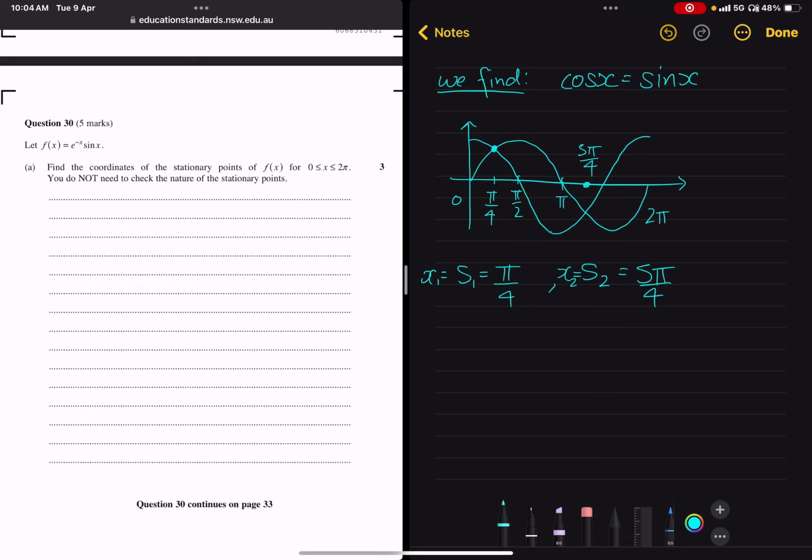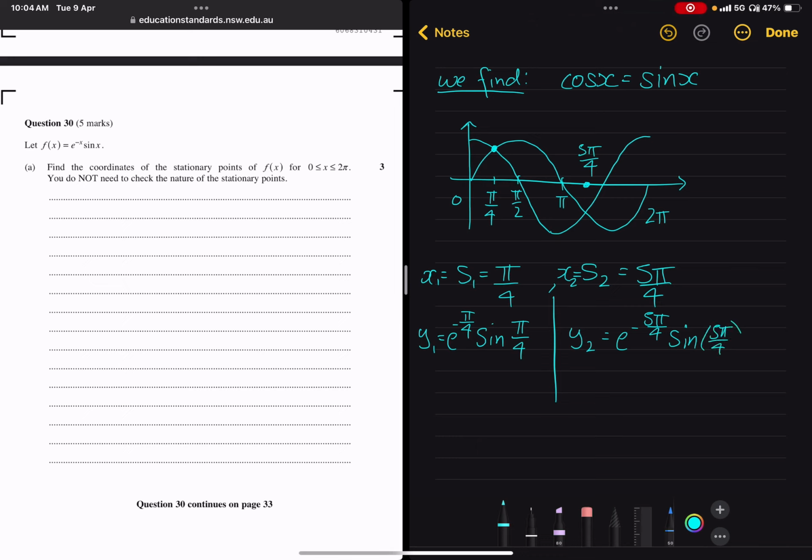To find the coordinates of the stationary point, we also need the y values. So for x1, where the value is pi on 4, we can plug that in. And we get y1 is equal to e to the minus pi on 4 times sine of pi on 4. And then the second one, we get y2 is equal to e to the minus 5 pi on 4 times sine of 5 pi on 4.